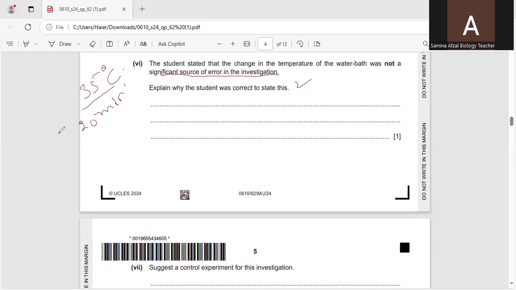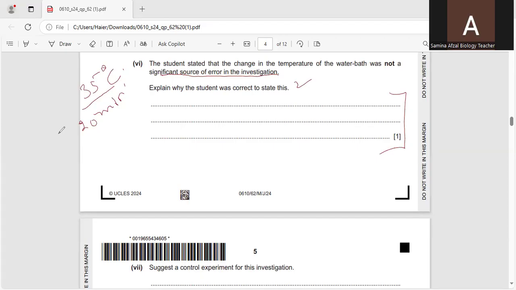If we change the temperature for any of the test tubes, there will be a change in the temperature of the other test tubes as well, so it will not affect the results of this investigation. So we will write in this way.